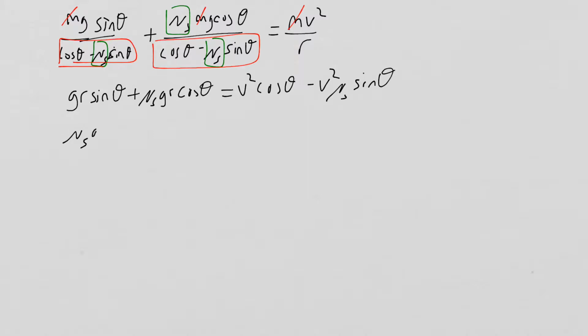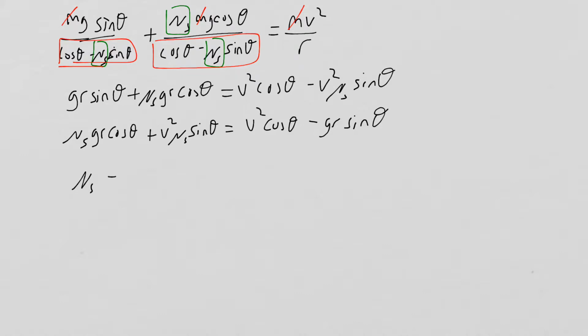So mu s gr cosine theta plus v squared mu s sine theta equals v squared cosine theta minus gr sine theta. And now I can factor out a mu s and divide by what's left over.